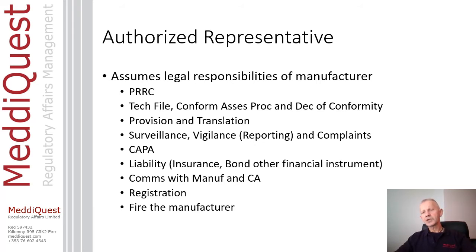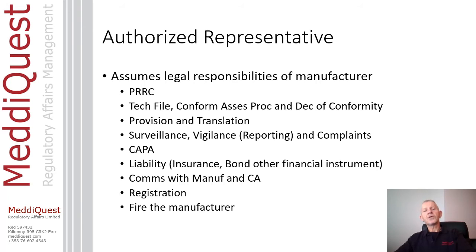Crucially, they have the insurance, but they also now have a legal responsibility to be able to demonstrate that they have the financial resources to meet that liability. So that may be some form of bond, other financial instrument, or insurance that they need to hold. They need to have channels of communication, and they are the main conduit for communications between the competent authority and the manufacturer.